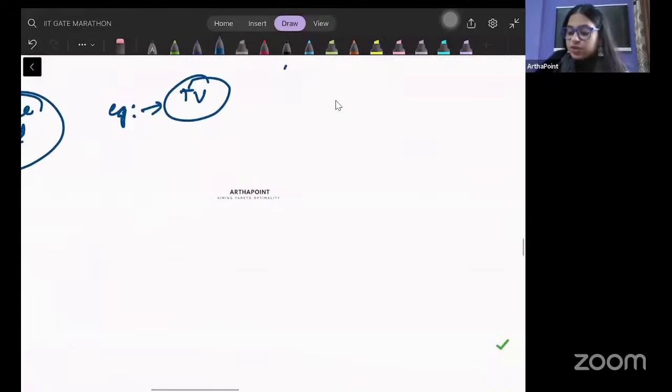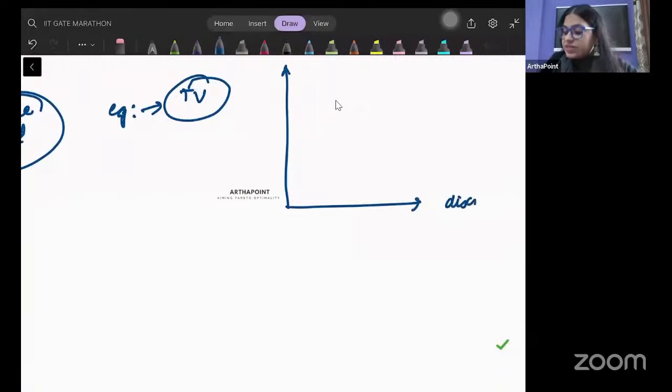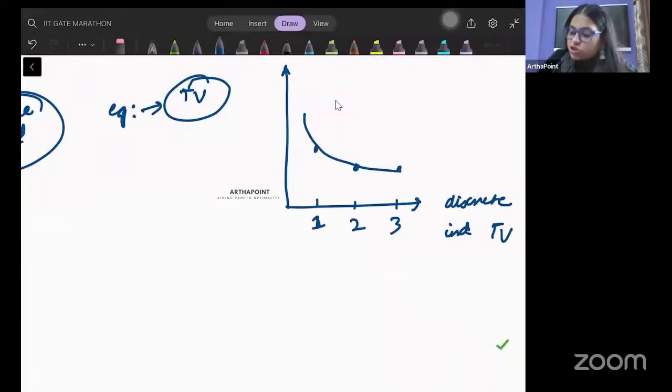We rarely do discrete goods in micro. हम usually continuous good assume करते हैं. But if I take here that I have a discrete indivisible good like TV, so either I will have 1 unit, or 2 units, or 3 units. So I will not have a curve like this.